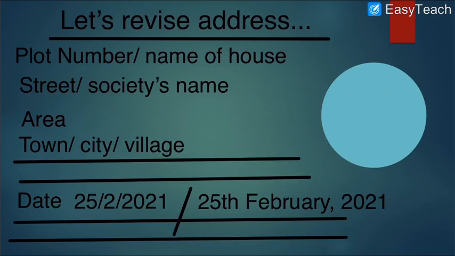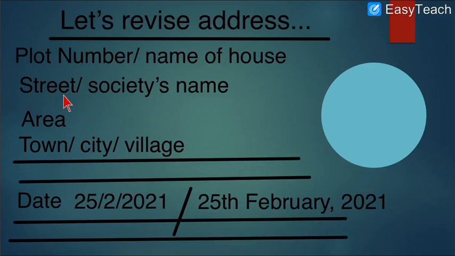Now let us revise what we have learned today. Today we first revised the address. How do we have to write the address? In the address I gave you the proper format: first the plot number or the name of the house should be written.